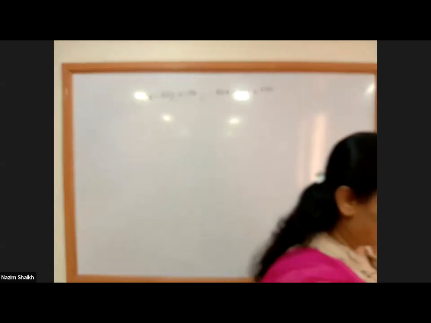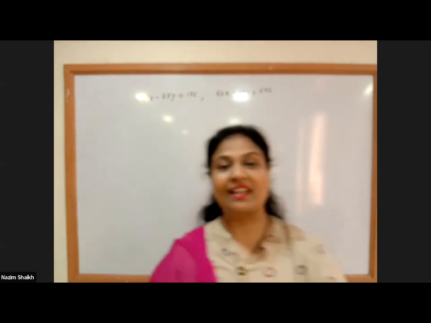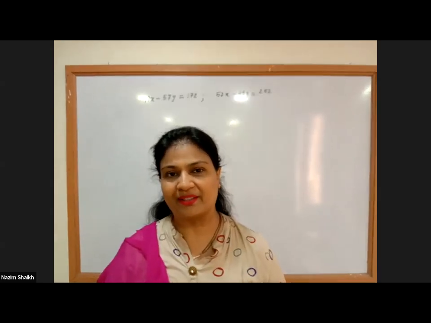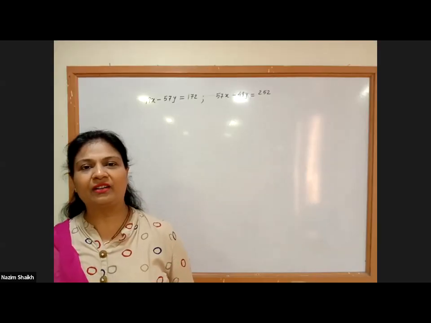So nice to see these people who are very fast. Let the others also do it. No, I haven't told you whether the answer is right or wrong. Still I'm waiting. When I solve the sums, you will come to know whether you're right or wrong. You know how to check it. Just substitute the values and see whether the answer is right or wrong.